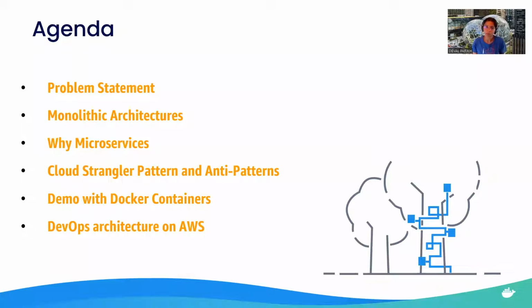I will quickly show you how to build a Docker container and deploy it on Amazon Elastic Container Service, aka ECS, a native AWS container orchestrator. And then finally, we will look into a DevOps model architecture that integrates well with microservices architecture.